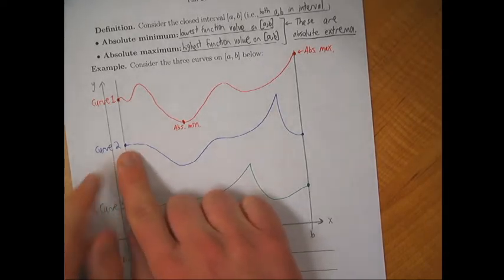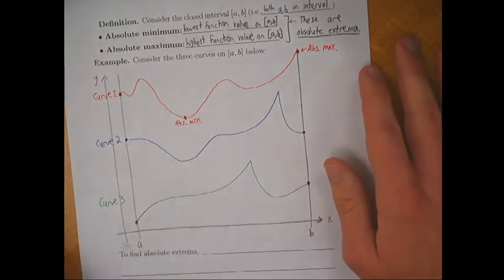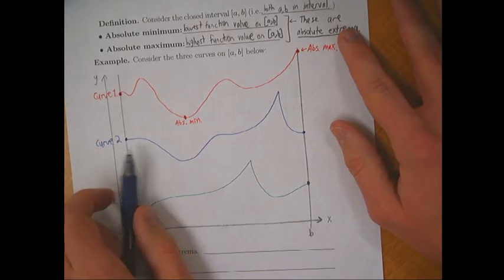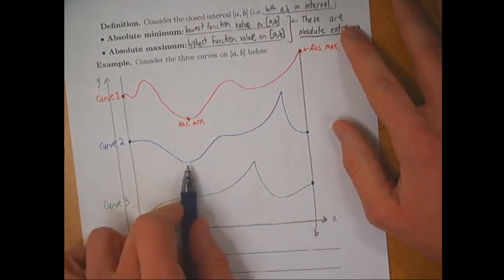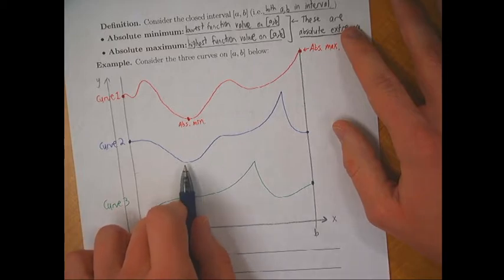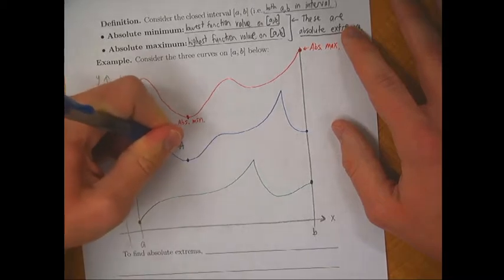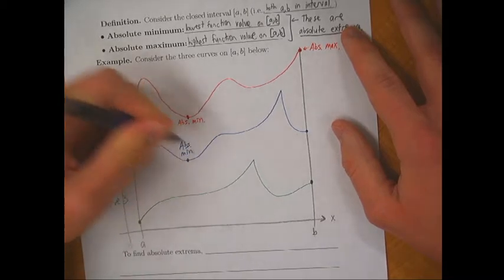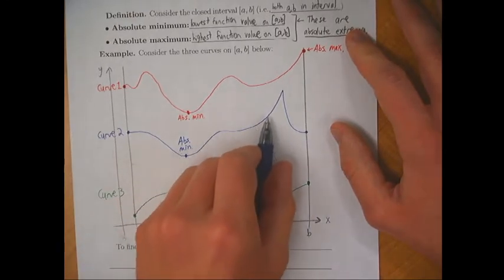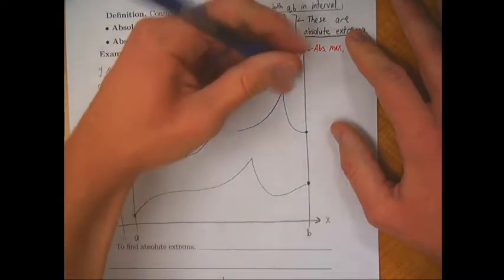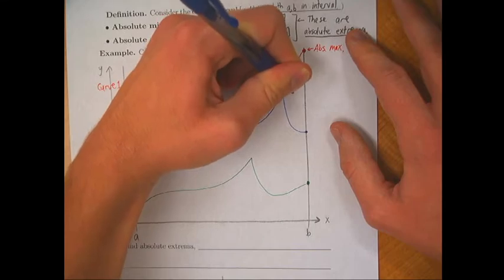I'm just going to go along the curve here. Stop me if you hit either relative extrema and tell me which one it is. Okay? So with curve 2, let's go. Okay, where at? Stop right there, and what kind of extrema? Good, absolute minimum. Then someone else, stop me when we hit the absolute maximum. Good, absolute maximum.